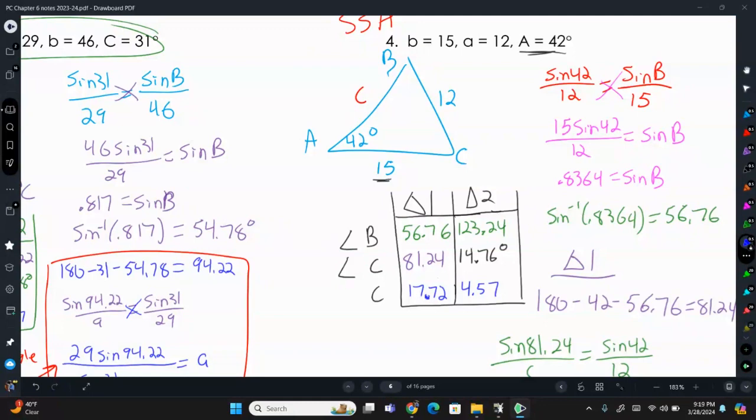It is. It's at 42. And in triangle number 2, the largest angle is angle B at 123.24, so the largest side should be side B. It is at 15. The smallest angle is 14.76, so the smallest side should be side C, and it is at 4.57. So these two triangles both make sense. So this has two potential triangles.